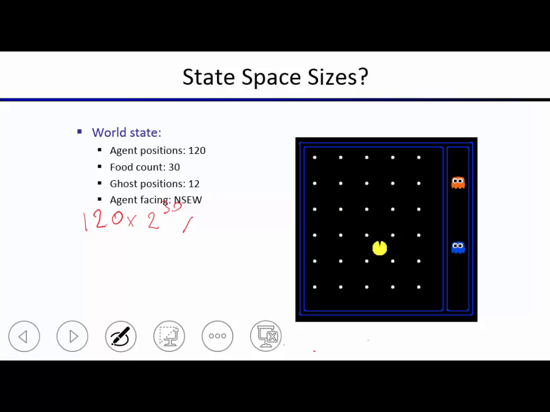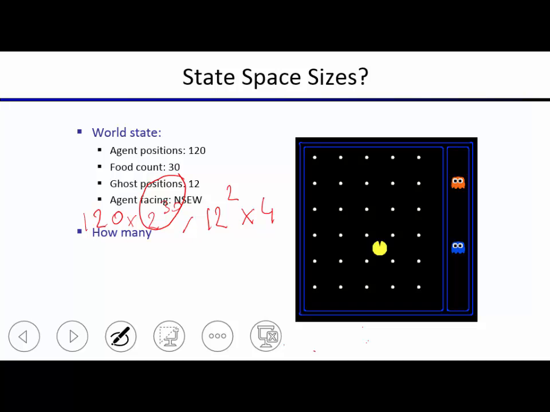Then each ghost could be in any of 12 positions, so that'd be 12 squared to count for that. And then the agent could be facing any of 4 directions, so times 4. So especially this thing over here makes this number very, very large. And this is a small problem in the grander scheme of things. It's a pretty small board, yet because of these food pellets that could be on or off, the state space very quickly explodes.